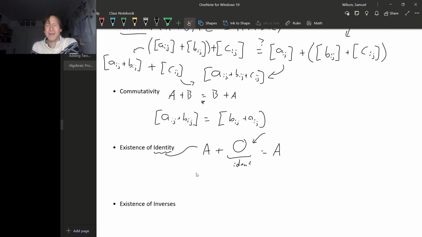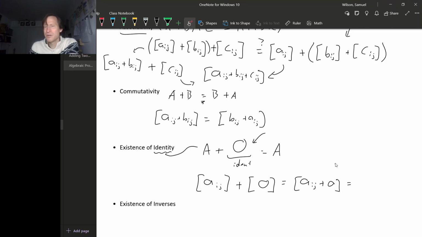And of course you'd be right, because if you take the matrix A, whose entries are all little a_ij, and you add a matrix of the same size that's nothing but zeros, then when you do this addition entry by entry, each entry is a_ij plus 0.